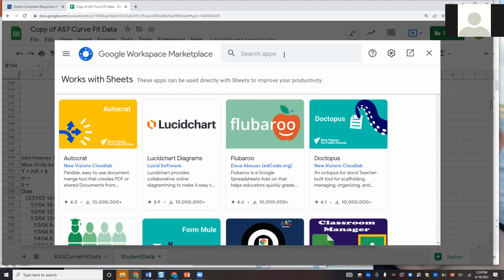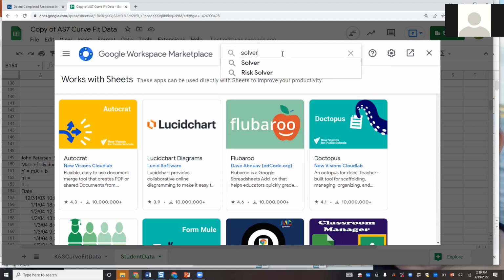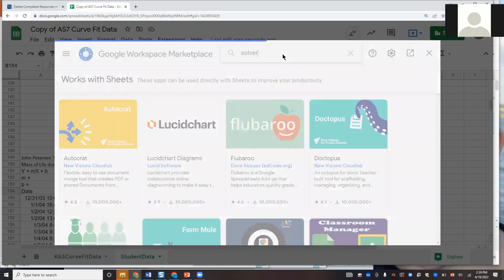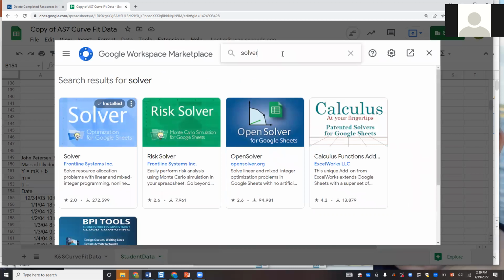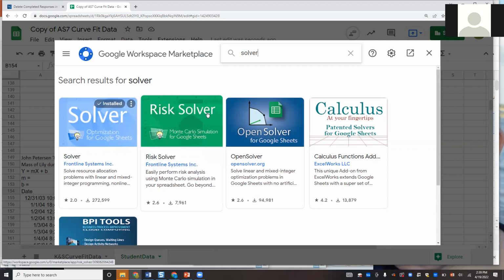You have to add a solver, so look for Solver and press return, then install it. I already have it installed, so it says checked on mine: Solver, optimized for Google Sheets. Everyone with me? You got it installed? Okay, great.